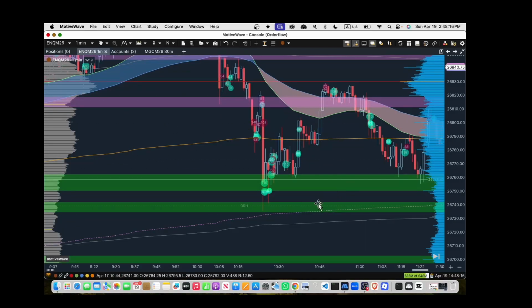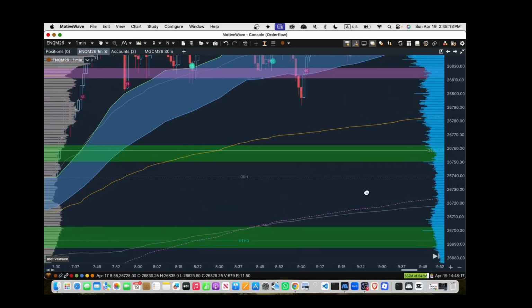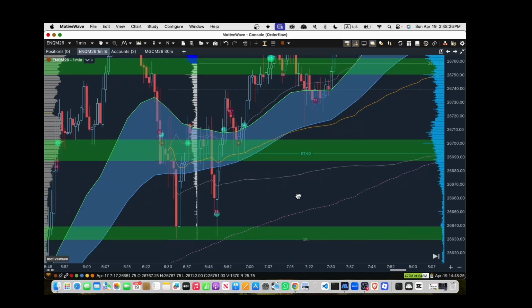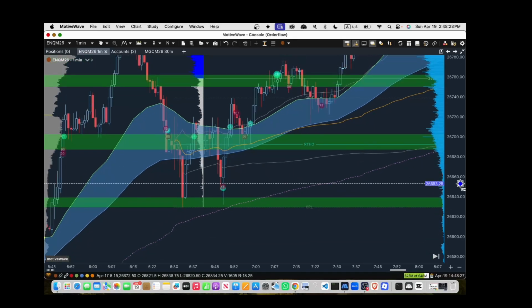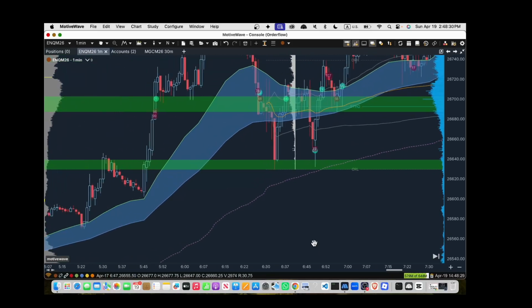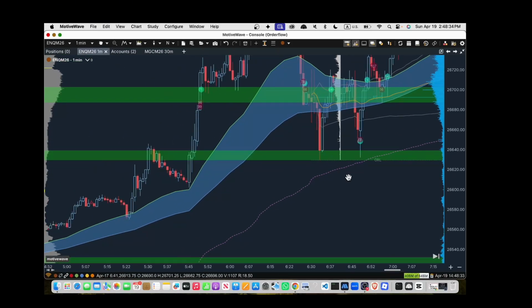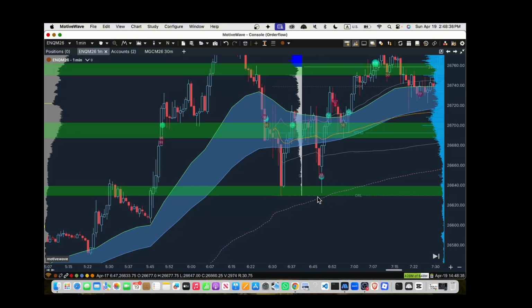And yeah, that's how that works. It's also right above these trapped sellers that got liquidated. And this is just another 1 minute level, this wick, and then opening range low.